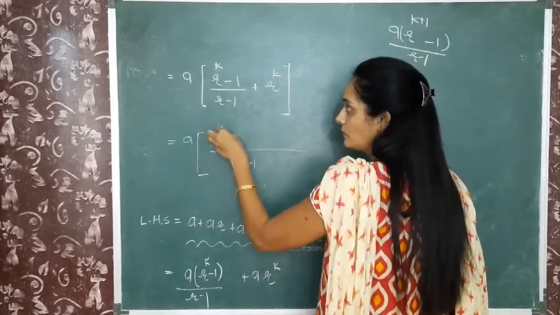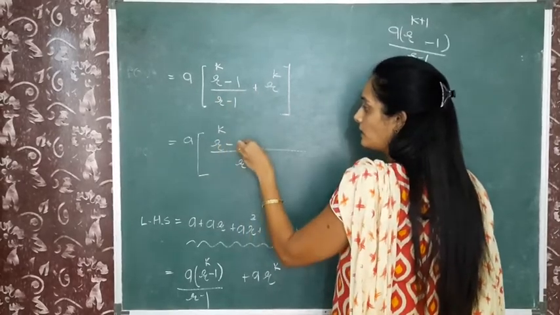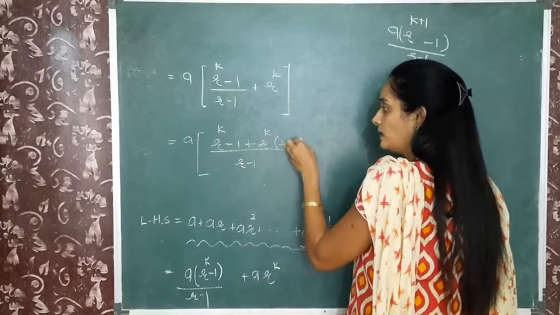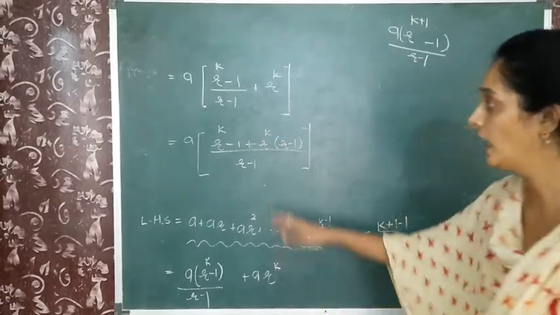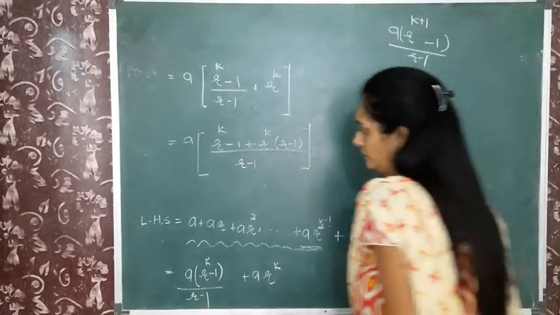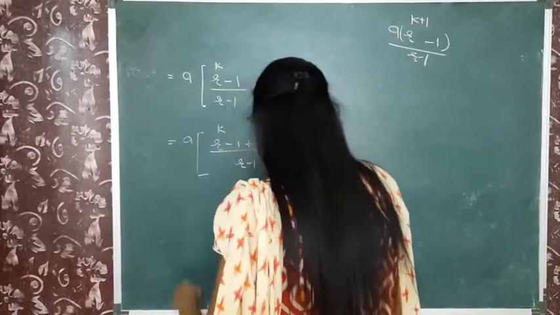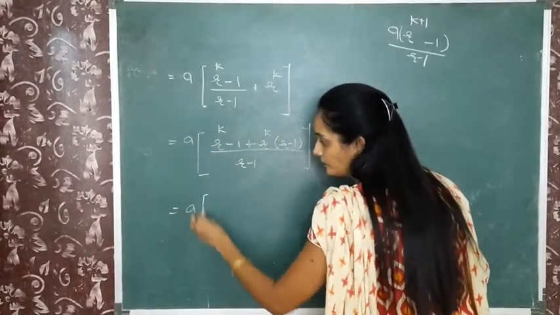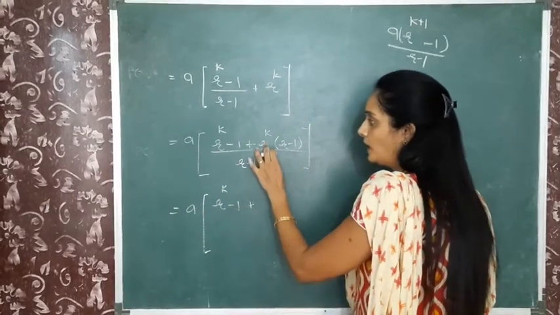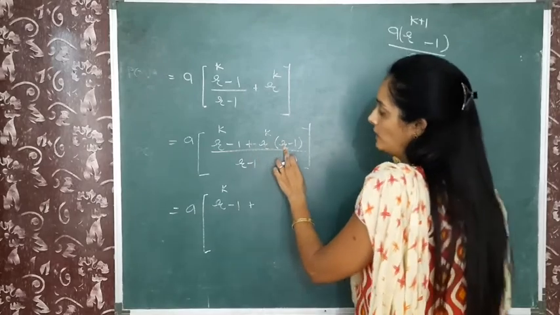So r raised to k minus 1 plus r raised to k into r minus 1. We take r minus 1 as LCM. So a times r raised to k minus 1 plus r raised to k into r.